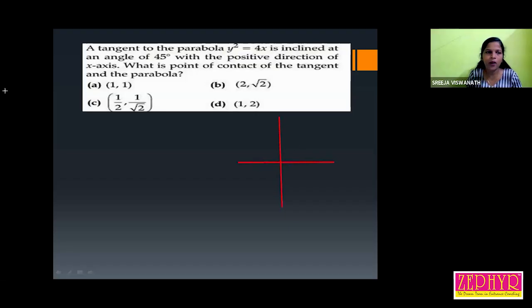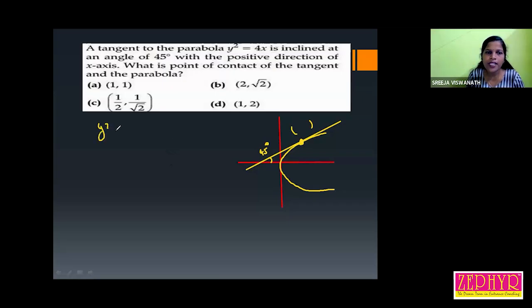So we have the parabola y squared equal to 4x, which opens towards the positive x-axis, and a tangent inclined at an angle 45 degrees. We need to find the point of contact.